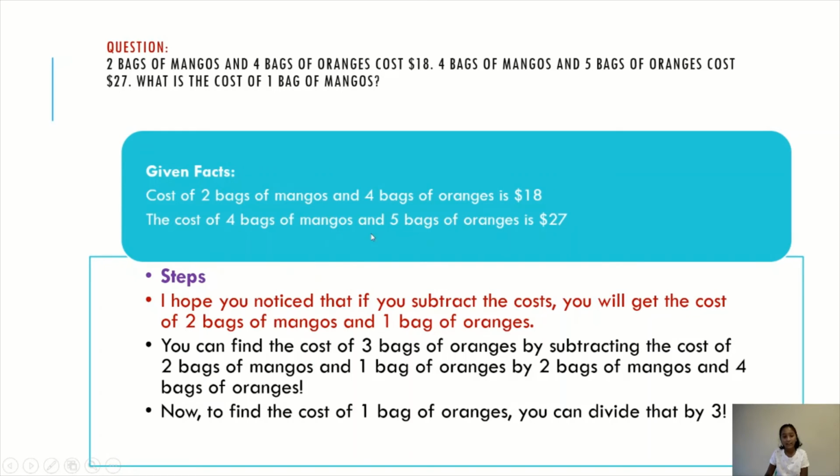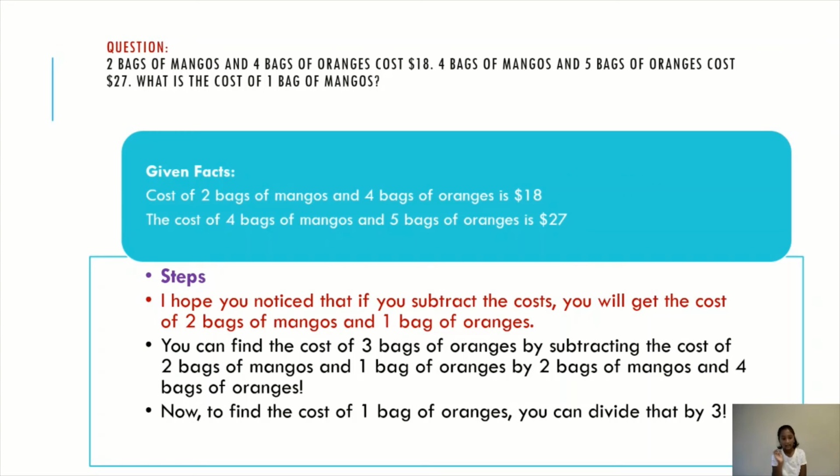First, I subtracted the numbers of the bags of the mangoes. So 4 bags of mangoes minus 2 bags of mangoes equals 2 bags of mangoes. Let's put that aside. Now let's subtract the number of oranges. 5 bags of oranges minus 4 bags of oranges equals 1 bag of oranges.